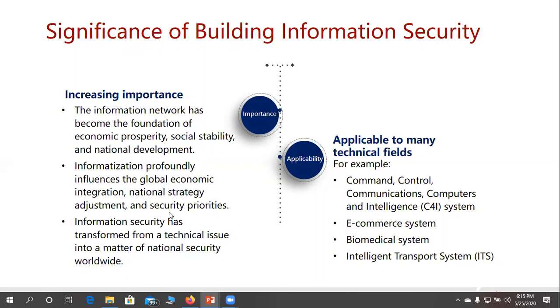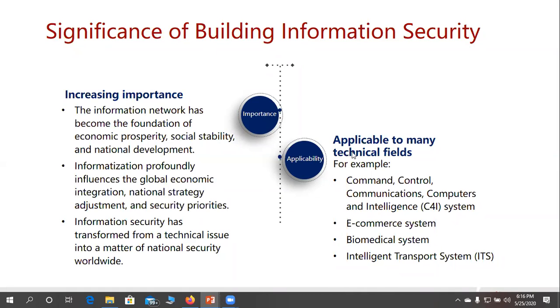You find that the electric grid is also connected to the internet and run by computers. The water system is run by computers. So this is very, very important.